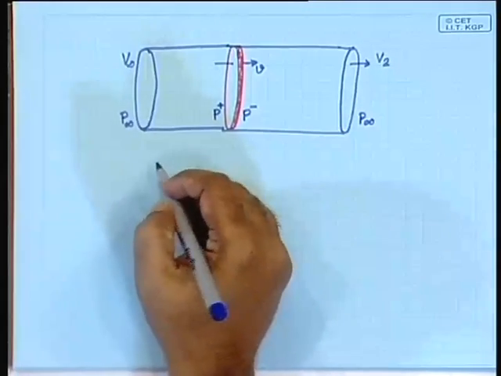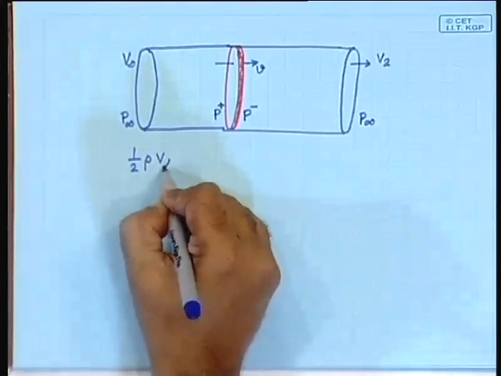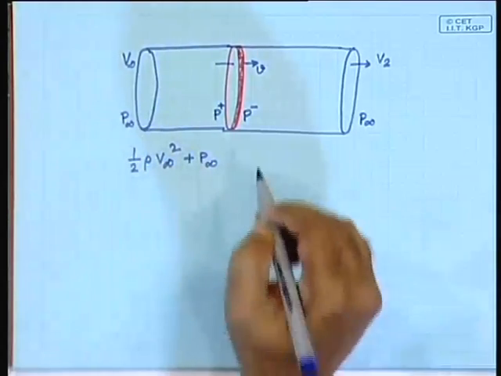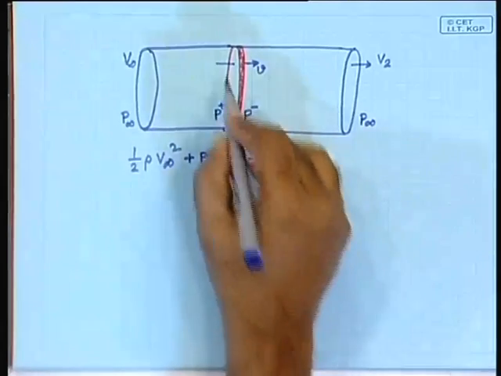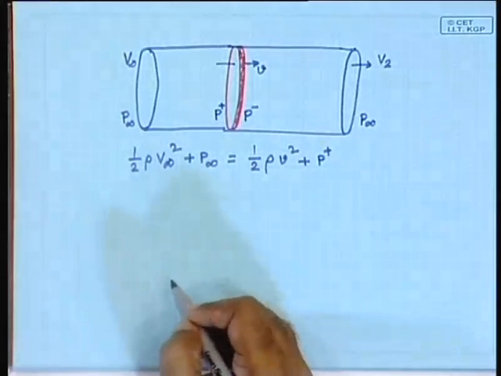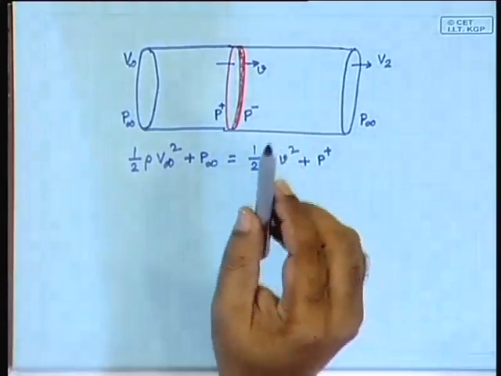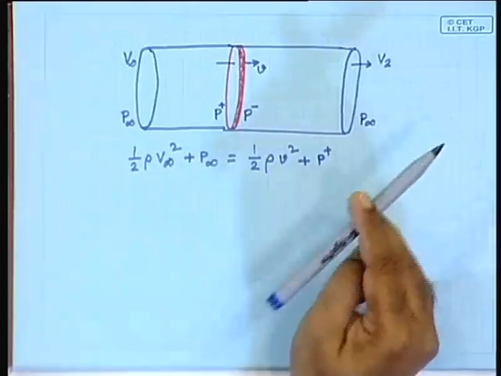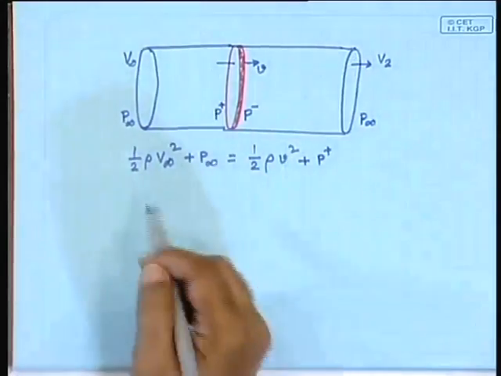You will have half rho V infinity square plus P infinity is equal to half rho v square plus P plus. Again we can write Bernoulli's principle from here to here. Since we will have to do some manipulation, we write this one first and this one later.